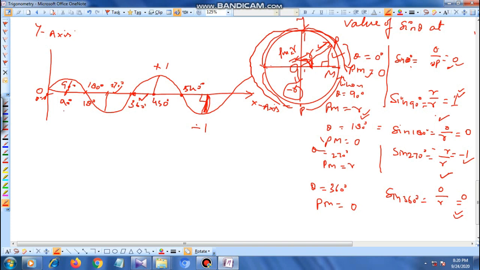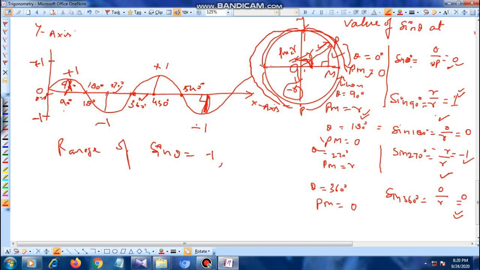At theta equal to 90, the value of sin theta is +1 and here -1. It means the value of sin theta lies between -1 and +1. So this is the range of sin theta. So the range of the sine function is -1 and +1.